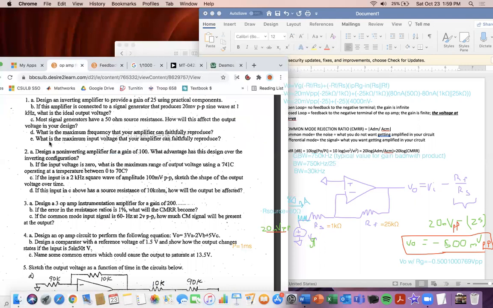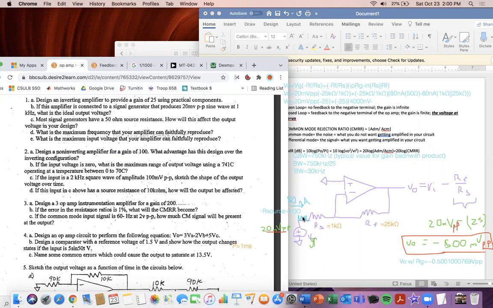Now for 1E, what is the maximum input voltage that your amplifier can faithfully reproduce? I'm thinking about that one again. How did I solve that one? Okay, the equation here. Oh, okay. So we know voltage output over voltage input is equal to our gain.